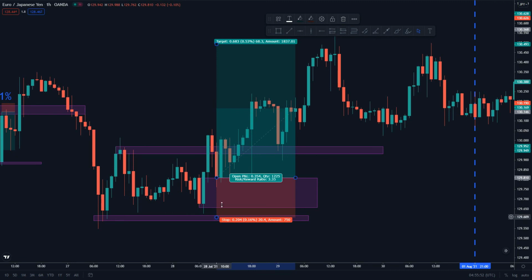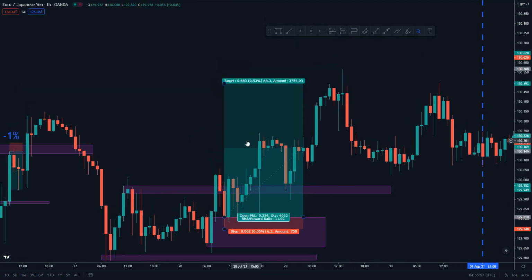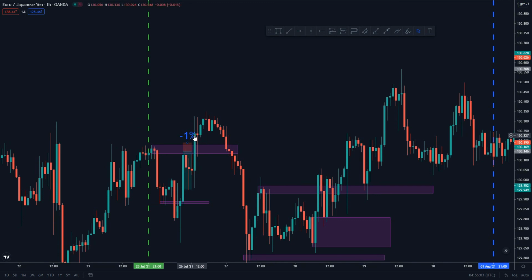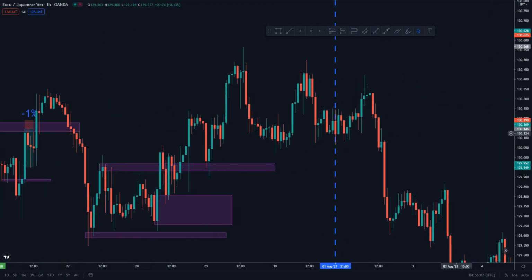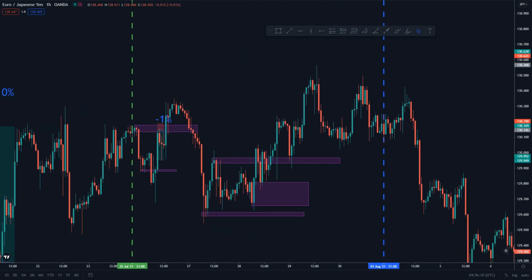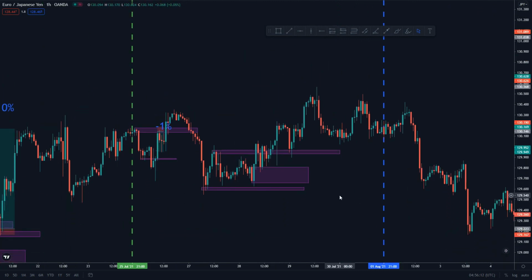As you can see, that's another beautiful trade right there. But I'm not going to consider this one. Why? Because we took one at the beginning of the week and we lost it. So it's okay, you can find as many trades as possible.